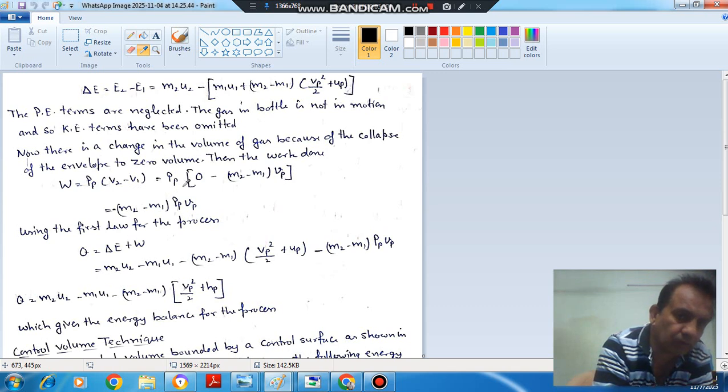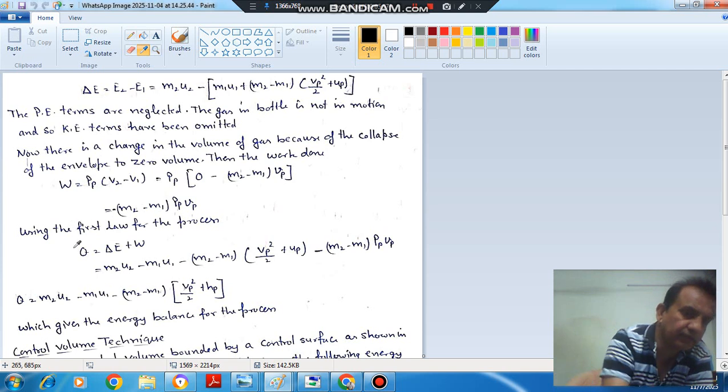The work done in making this envelope zero volume is Pp times [0 minus (M2 minus M1) vp], where 0 is the final volume. So this will be minus (M2 minus M1) Pp vp. This is the work, and that is the change in energy.